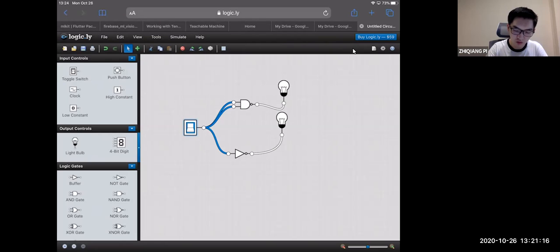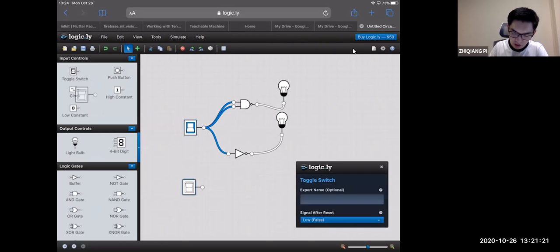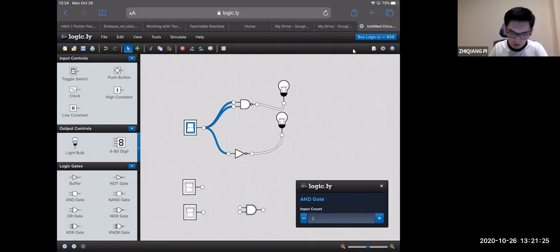So let's move on and let's try to construct the AND gate. So the AND takes in two inputs, pass it through the NAND gate, and we should get one result.